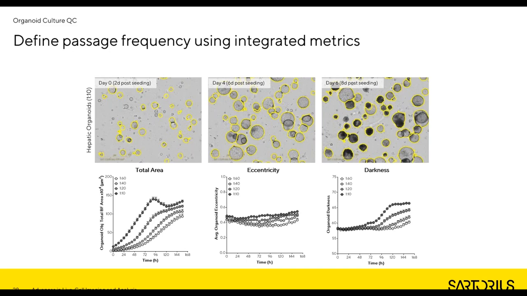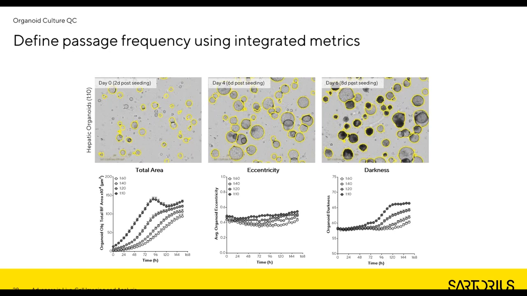They're less than 100 microns in diameter, and they exhibit clear lumens. Now, by day 4, which is the image in the middle there, we can see that most of these organoids have increased in size, and you can see that most of them appear to have reached maximal size. They exhibit clear lumens, and they all exhibit a rounded morphology and have not yet collapsed.